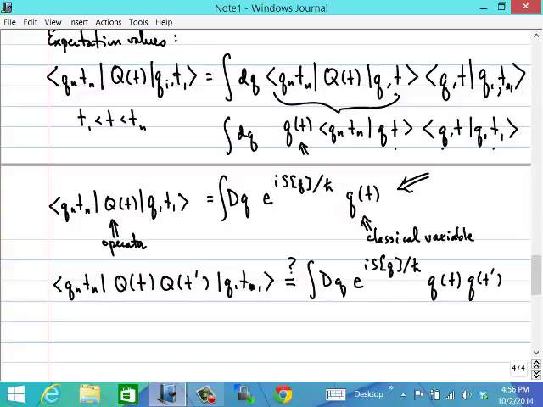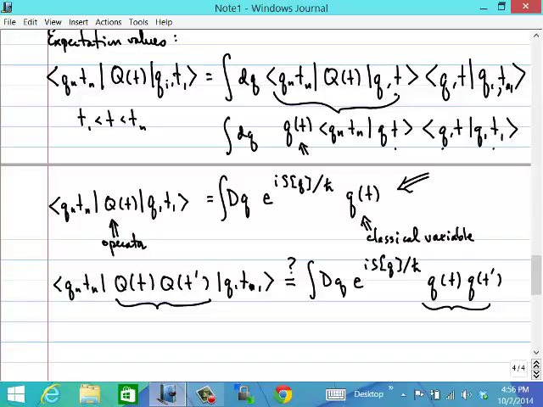Okay. But if you think about this, there's something very confusing about this. Because here we have two quantum mechanical operators on the left-hand side, which don't commute. But here we just have two classical variables. Those are functions, q(t) and q(t prime). They commute with one another.